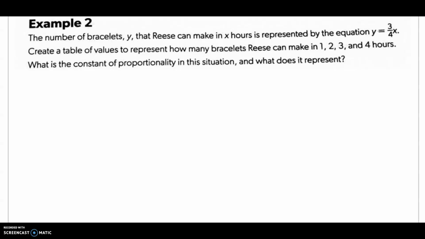Our first step in this problem is to use the equation y equals 3/4 x to calculate each y value. So we need to make a table. We have time, which is our x, and we have number of bracelets, which is y.